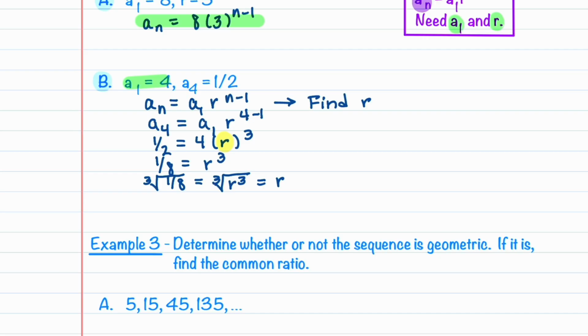So that's actually going to be 1/2, because 1/2 times 1/2 is a quarter, times another 1/2 is an eighth. So that's our R. Now we have what we need, and we can write down our formula. We have A sub n is equal to A1, which is 4, times R, which is 1/2, raised to the n minus 1. And there's our answer.